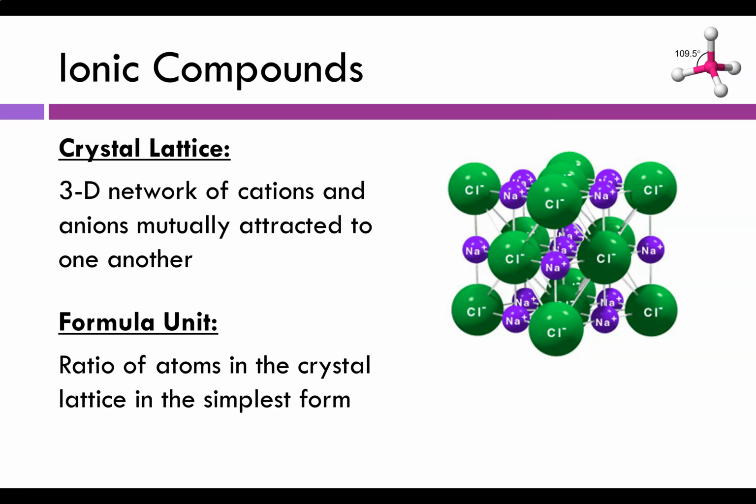So this is sodium chloride. You probably knew this formula before you came to my class, NaCl. Obviously, there is more than one sodium and one chloride ion present in this crystal lattice, but they're in a 1-to-1 ratio. So instead of trying to represent all of the sodium and all of the chloride ions, we just put them in the simplest ratio possible.